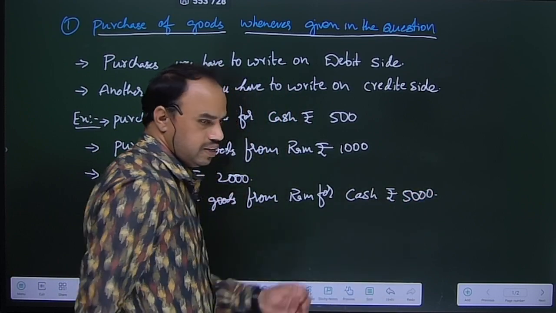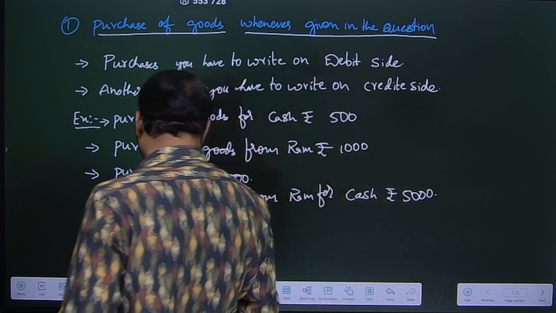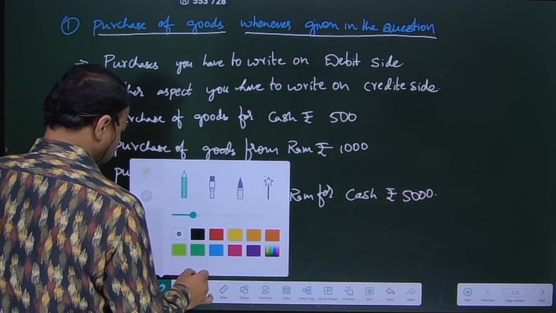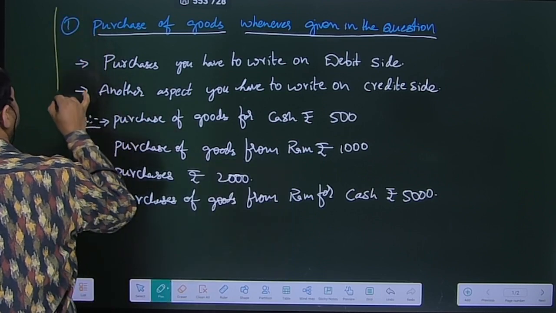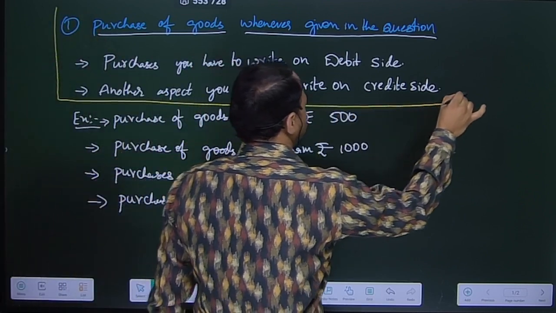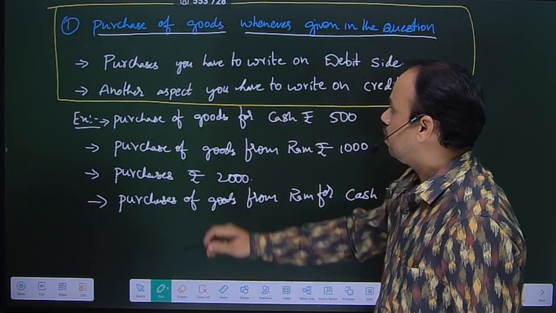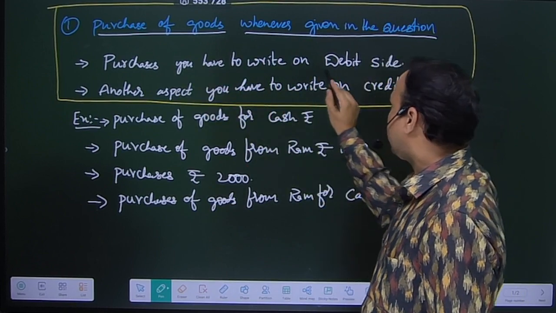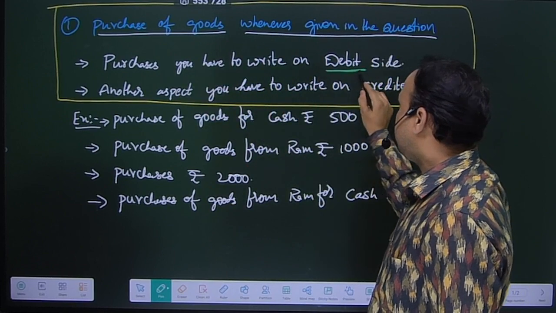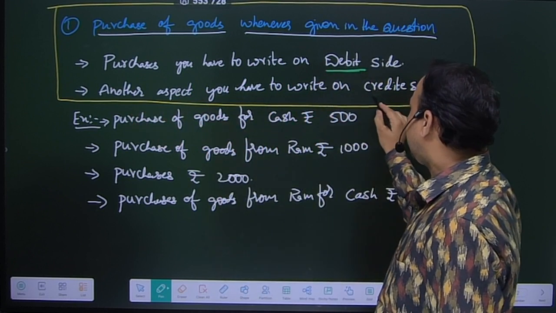These are the few examples I gave you. See, this is the question. I will once again explain here. This is the rule number 1 you have to remember. What is that rule? Purchase of goods, whenever given in the question, purchases you have to write on which side? Debit side. And the other aspect you have to write on which side? Credit side.